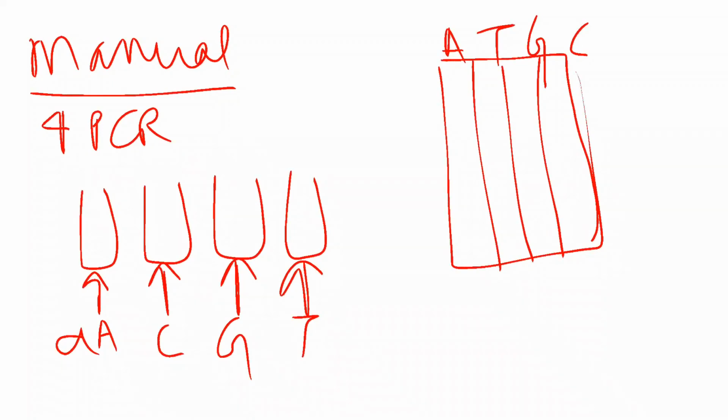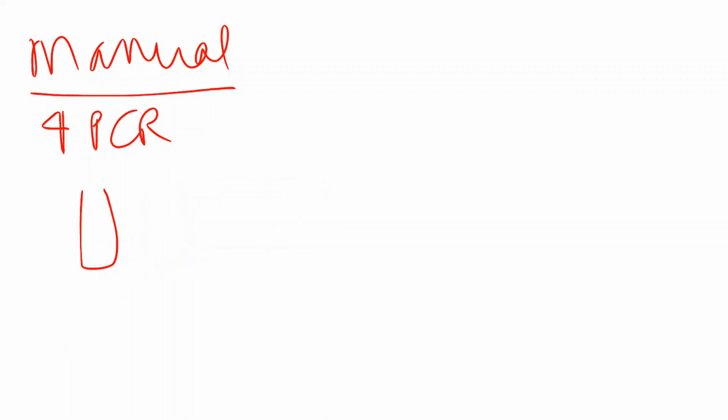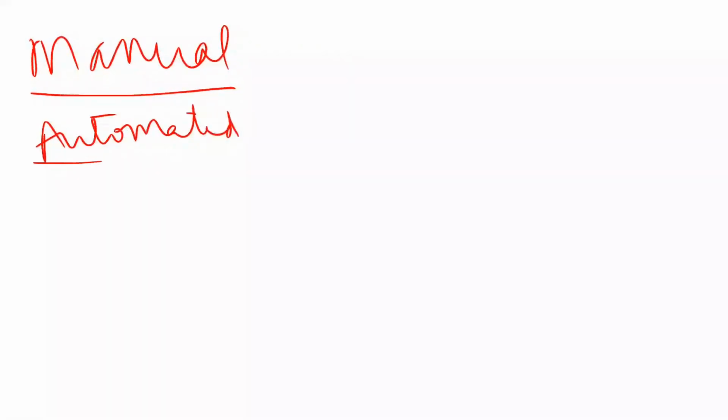But in automated sequencing, what is actually happening? You have capillary gel electrophoresis.